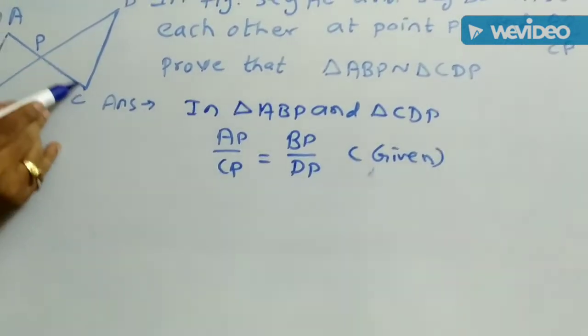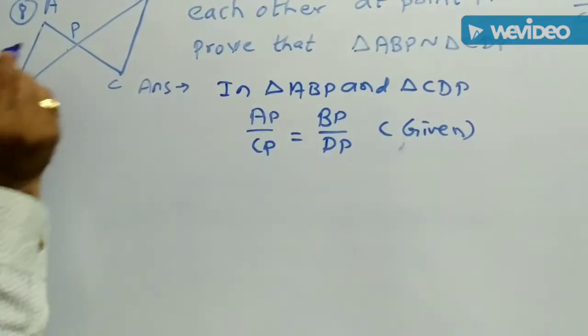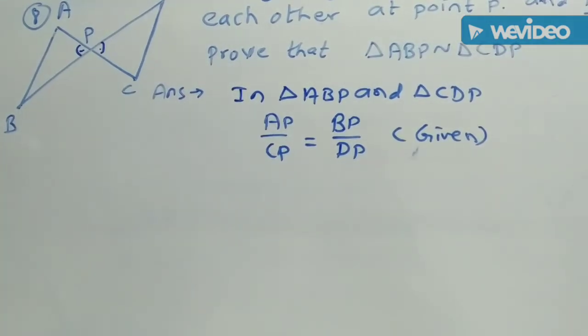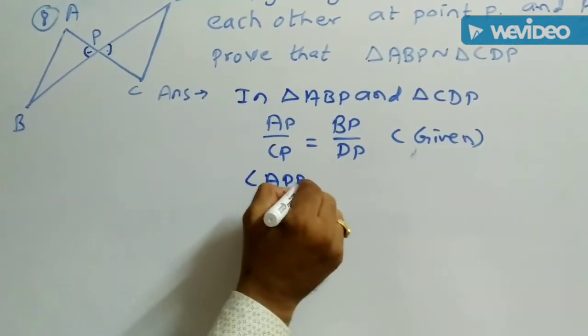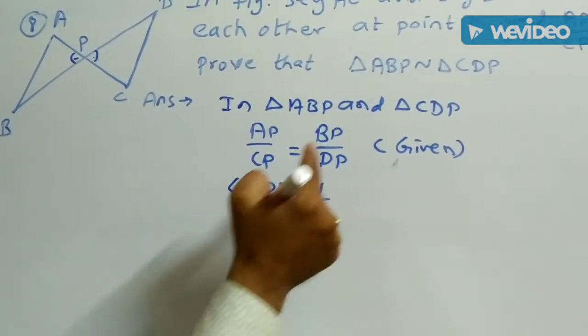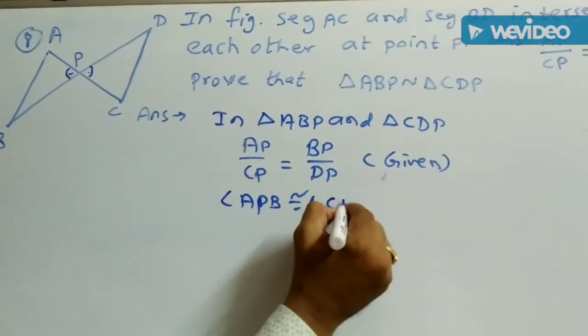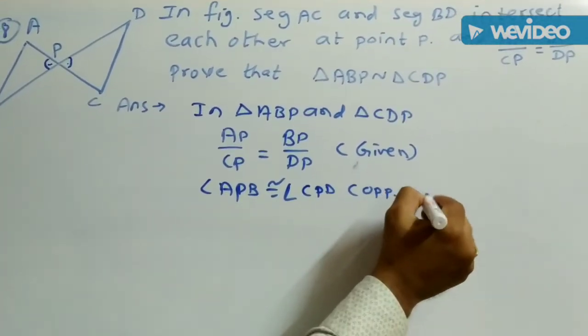If we see in the figure, the vertically opposite angles are congruent. Angle APB is congruent to angle CPD, reason vertically opposite angles.